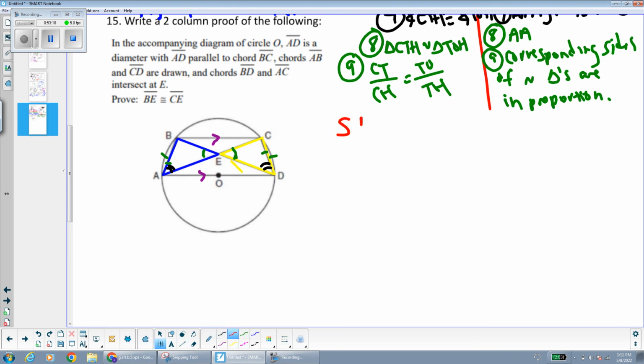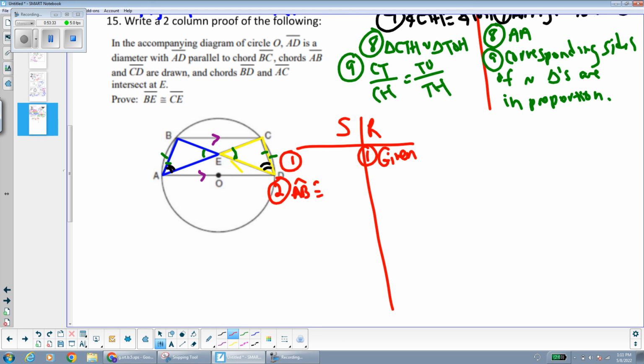So let me make my statement reason chart. First step is the givens, but I'm going to skip those to make the video a bit shorter here. Okay. Then after our givens, we knew that arc AB was congruent to arc CD, and that was because parallel chords intercept congruent arcs.